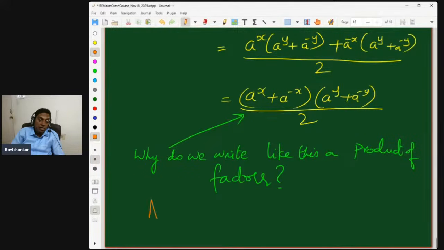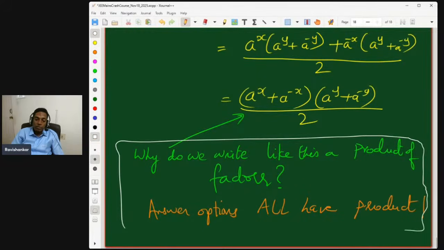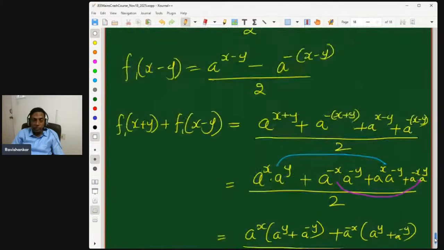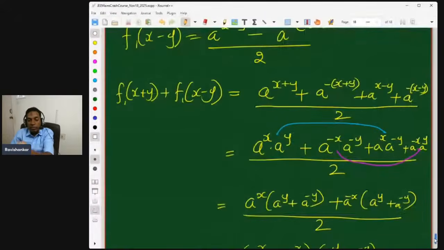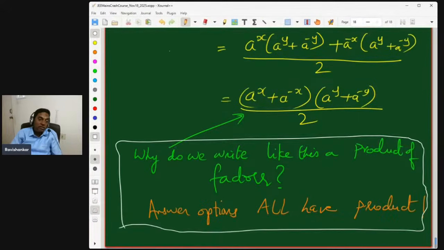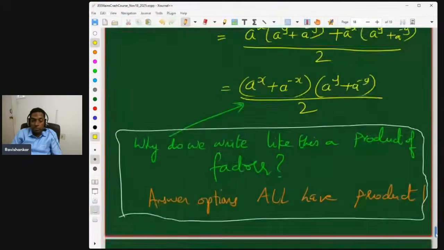Because the answer options all have products. That's the only reason. It's not like suddenly we are very fond of joblessly factorizing expressions. We would have been perfectly content with leaving it as a power x plus y plus a power minus of x plus y, etc. But that's not the form in which the answer options are there. So you will have to write it as some product.